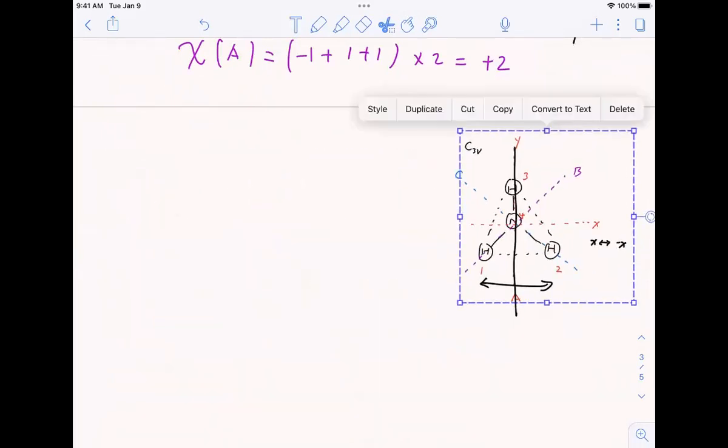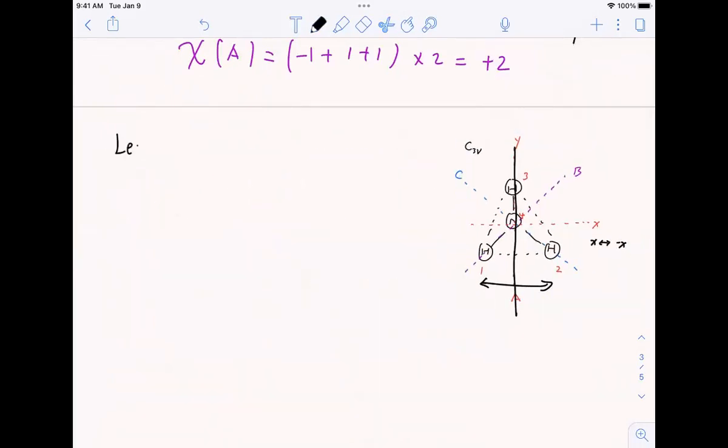Okay, so consider D. This is the C3 operation. This is basically just a rotation, a rotation of 120 degrees.